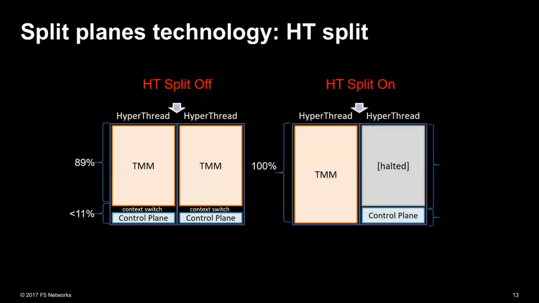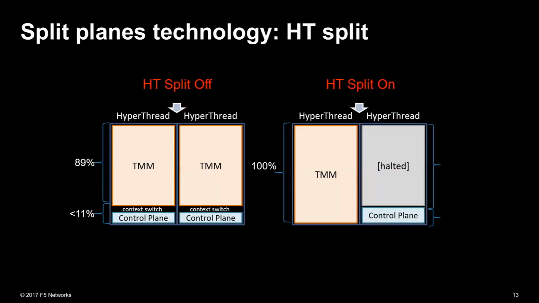So here we can see a visual example of when we have the hyperthread technology split off and on. On the logical core, we have two instances of TMM, but they're sharing the control plane processes.